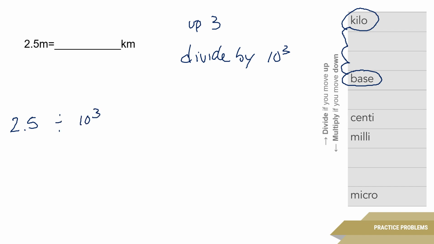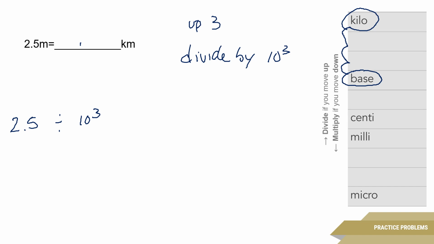Now, if you learn the trick about how to move the decimal point to the left or the right when dividing or multiplying by 10, go for it. You can use it. You can use the calculator. Doesn't really matter, as long as you get there. So, anyway, back to this one. So 2.5 divided by 10 to the third power, we should get, oops.